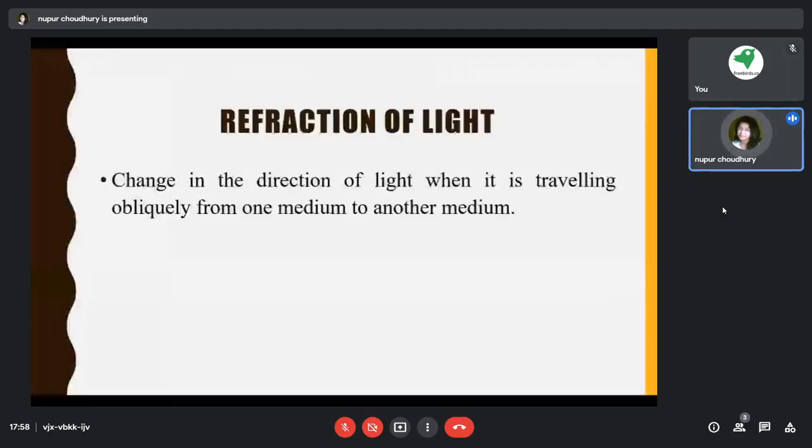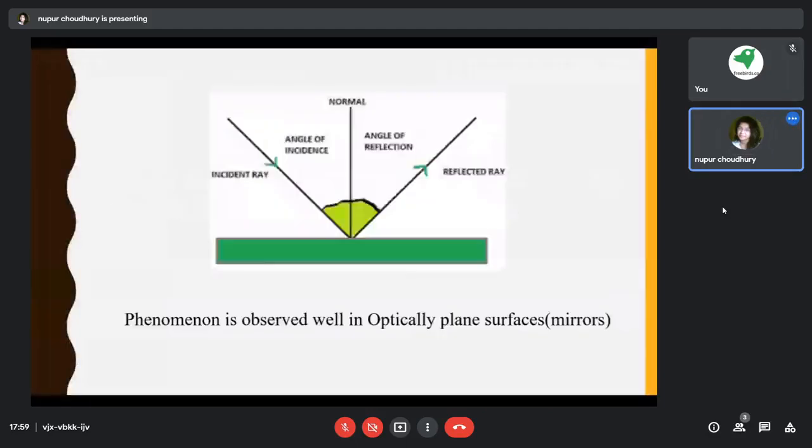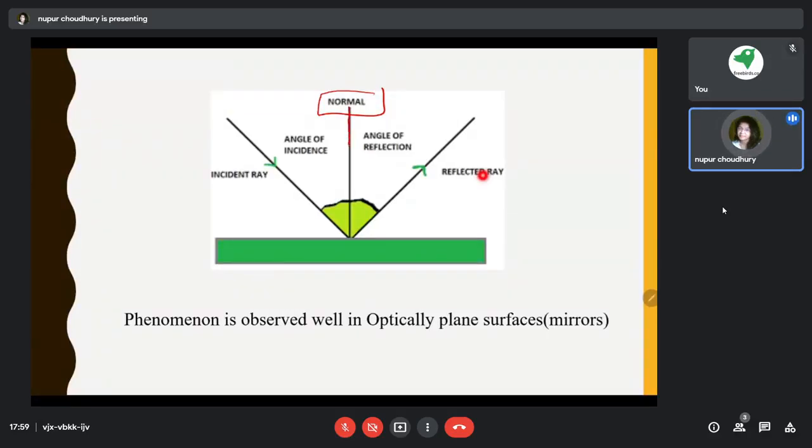So if you look into this diagram, this normal is the perpendicular that I have drawn to the surface, and the incident ray and the normal make an angle with each other.